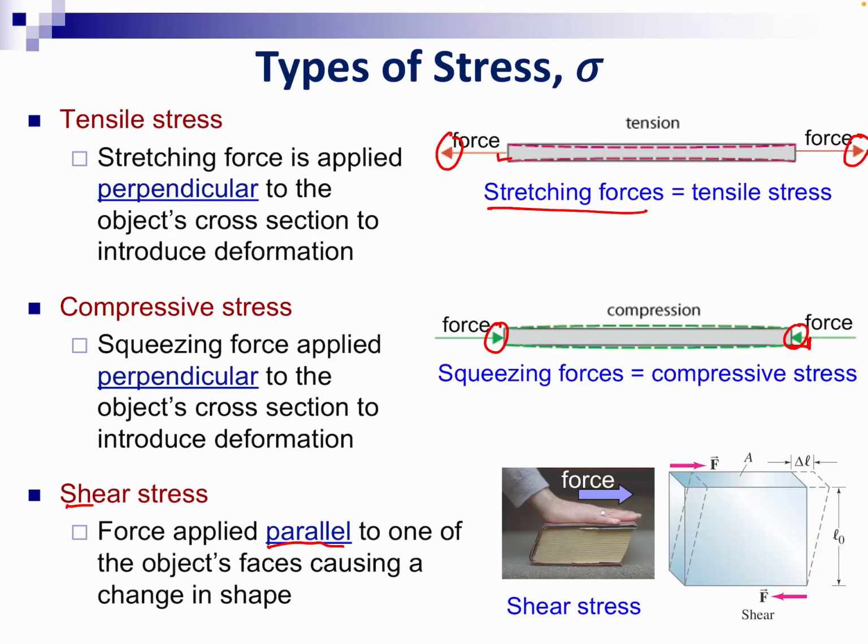Can't shear stress also be caused by a twisting force as well? Yes, shear stress can. For example, you have a screw, and you over-tighten it, and the head of the screw breaks off. That would also be considered a shear stress. But the twisting force will have a component that's perpendicular and parallel to your surface.